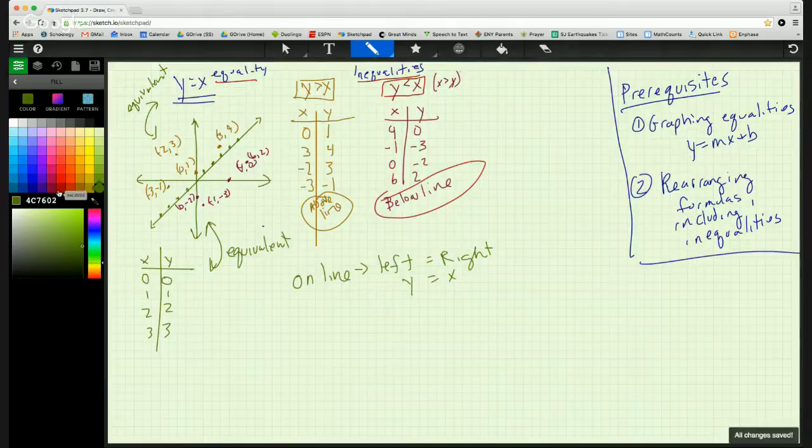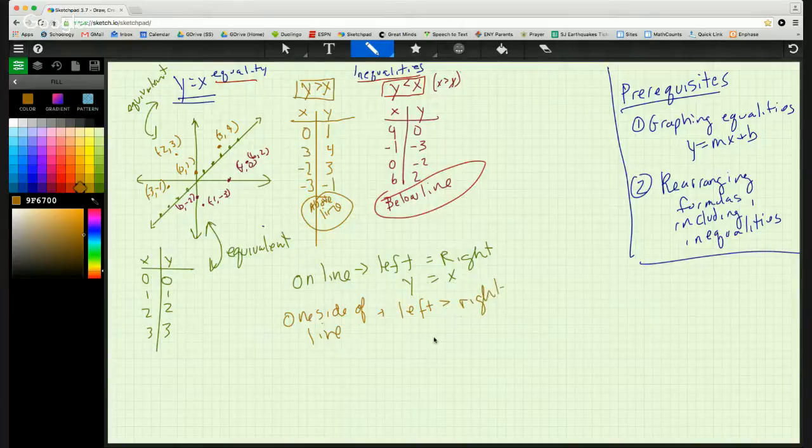And then we could say on one side of the line, we get the left is greater than the right. And so that's y is greater than x. The left side of the equation is greater than the right side of the equation.